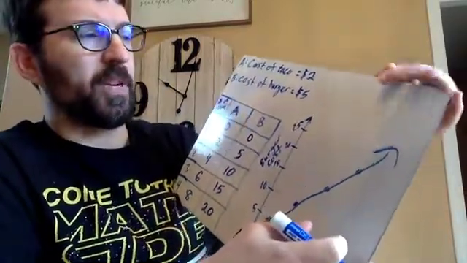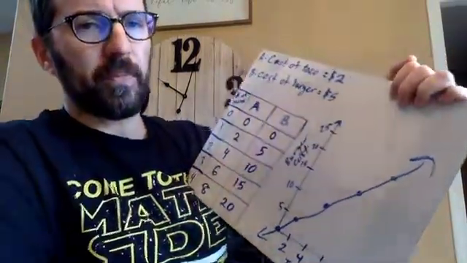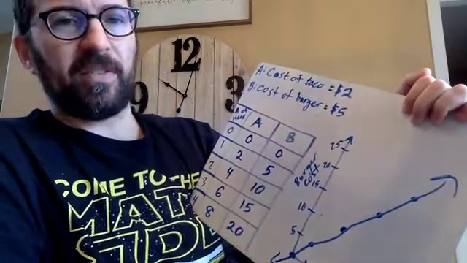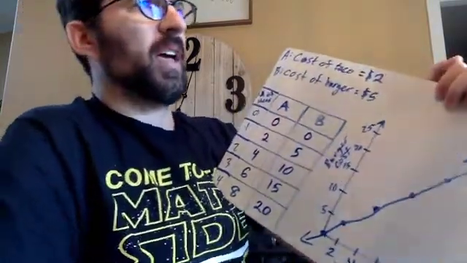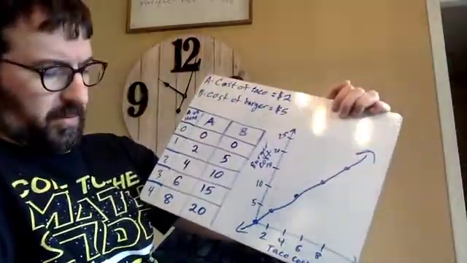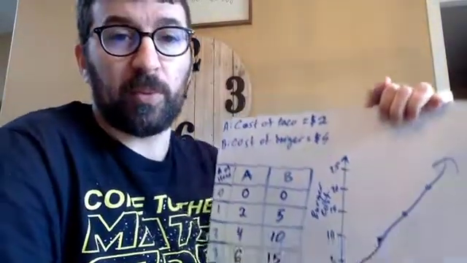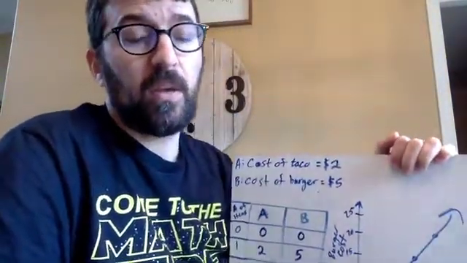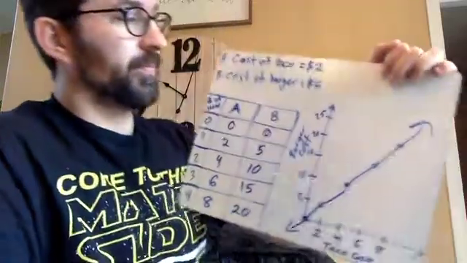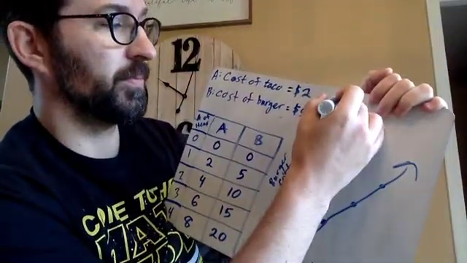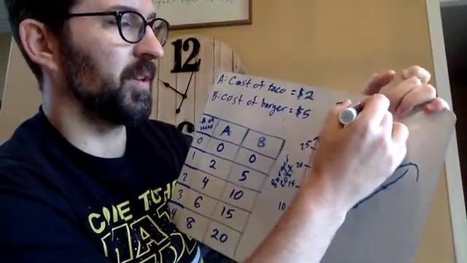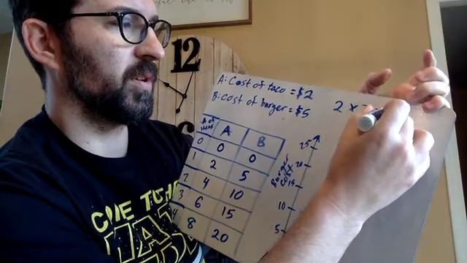So let's think about it from a different perspective. How much more is 5 than 2? And let's think through the lens of multiplication. Well, I know that 2 times something equals 5.